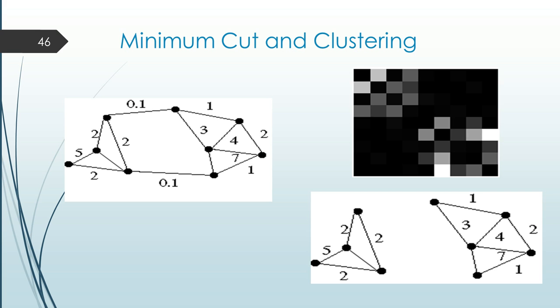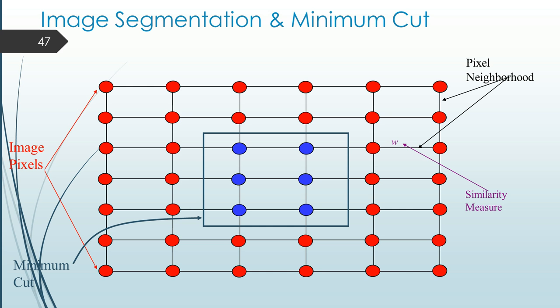Once we perform this cut, we end up with two clusters that have a different number of nodes and different connections. So this is the principle of minimum cut and the clustering-based approach.